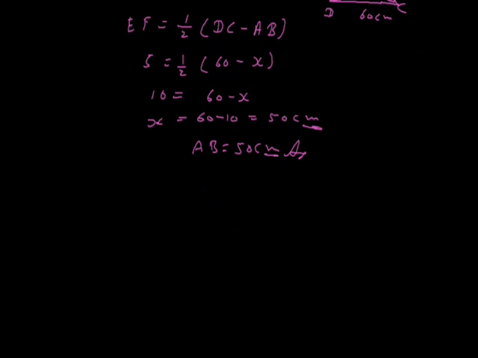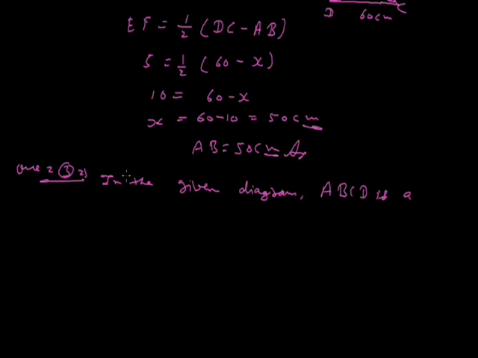Now next is question number 3. Question number 3 is based on a rectangle. In the given diagram, ABCD is a rectangle and point E lies on AB.